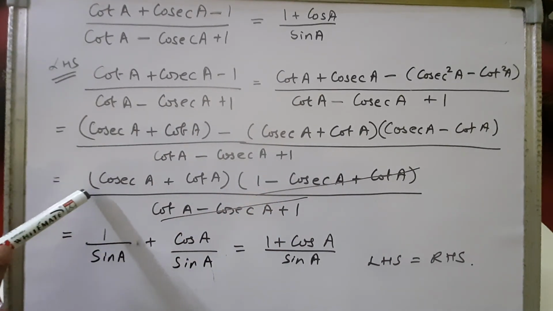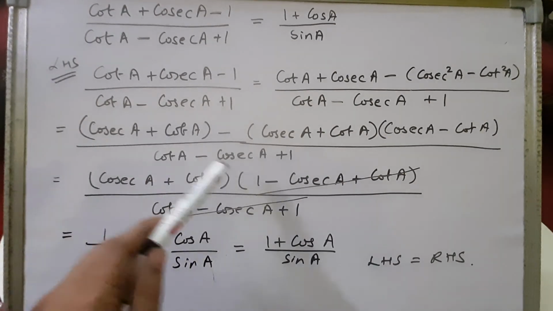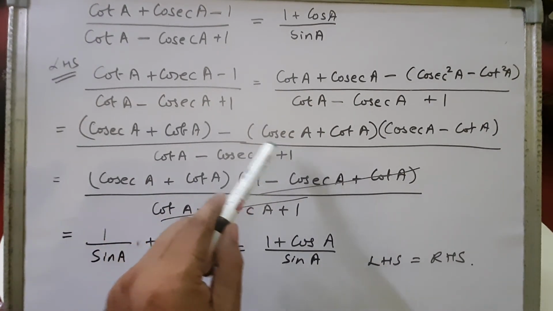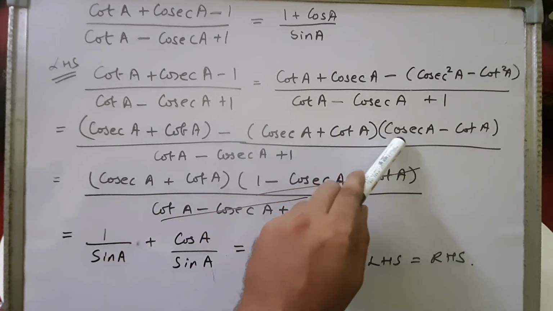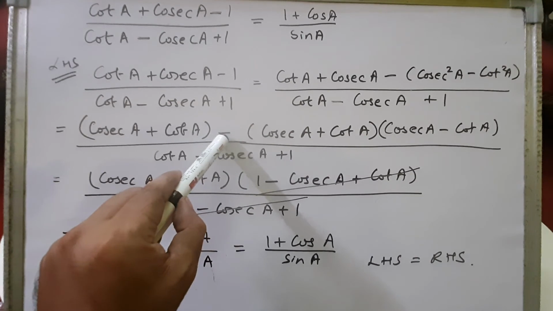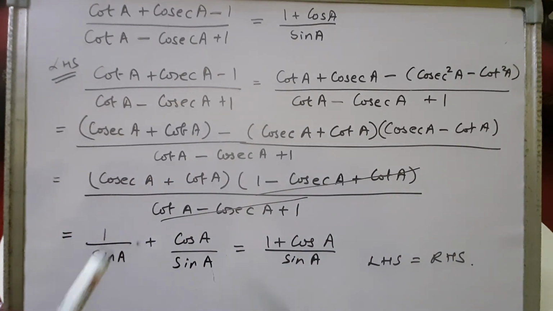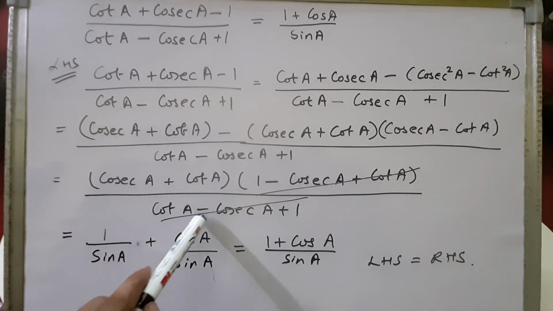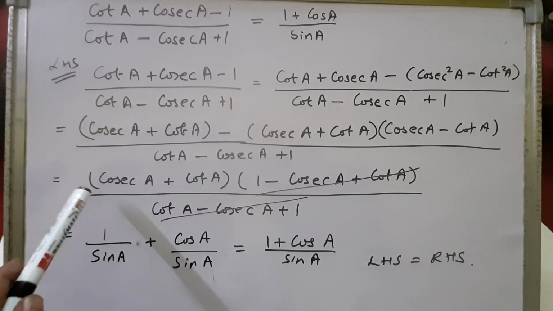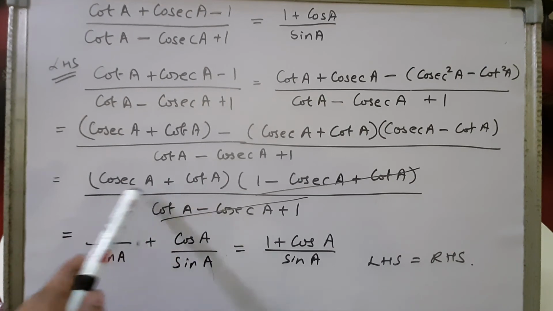So when we take cosec A plus cot A common, what is left? 1 is left, and minus this bracket will be left. So when we open this bracket, because the minus sign is outside the bracket, it will become 1 minus cosec A plus cot A. Now if you see this denominator here, it is again written 1 minus cosec A plus cot A. So this term and this term will get cancelled. So what we'll get? Cosec A plus cot A will remain.